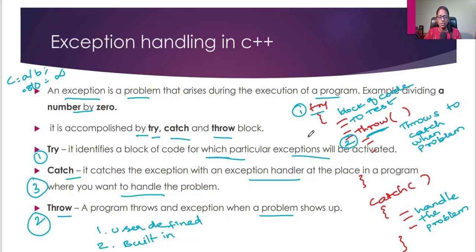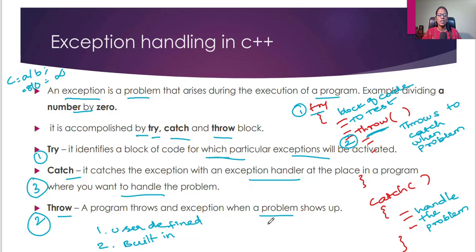Try, throw, catch. Try consists of a block of code in which particular exceptions may be activated. Throw is used to throw the exception. Throw means we are throwing the ball, right? So throwing the exception when the problem shows up.